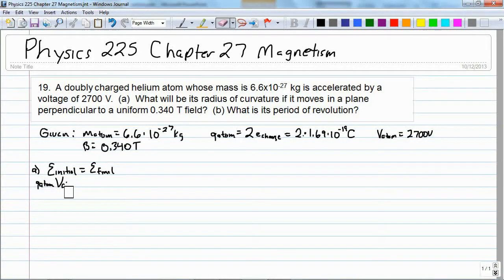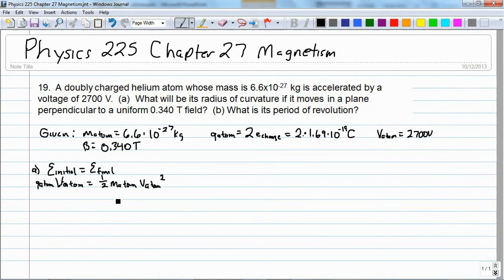That equals our final, which is the atom in motion, one half the mass of the atom times the velocity of the atom squared.